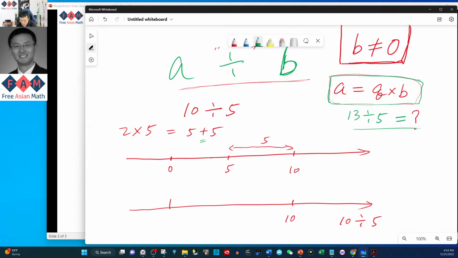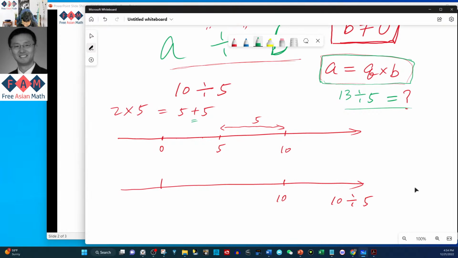Because we define multiplication as repeated addition and subtraction is the inverse operation of addition, intuitively we should think that division should be related to subtraction. And that's exactly the case here.